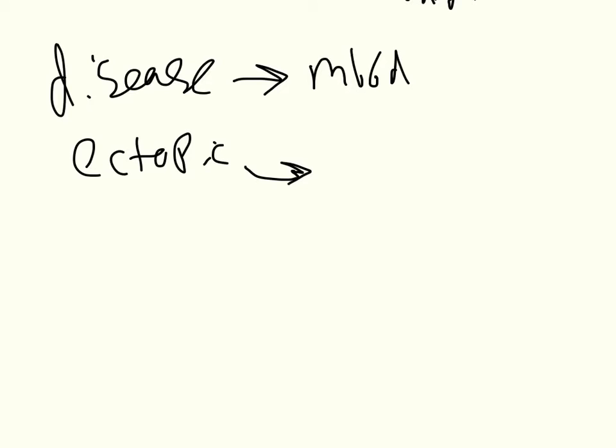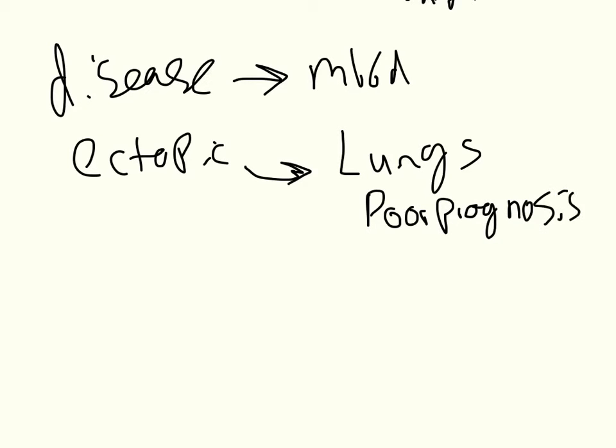You also have a lot of other comorbidities because these tumors tend to be in the thoracic region, primarily in the lungs. So we're just going to put here for you to remember: lungs and poor prognosis, and then extremely high ACTH typically.